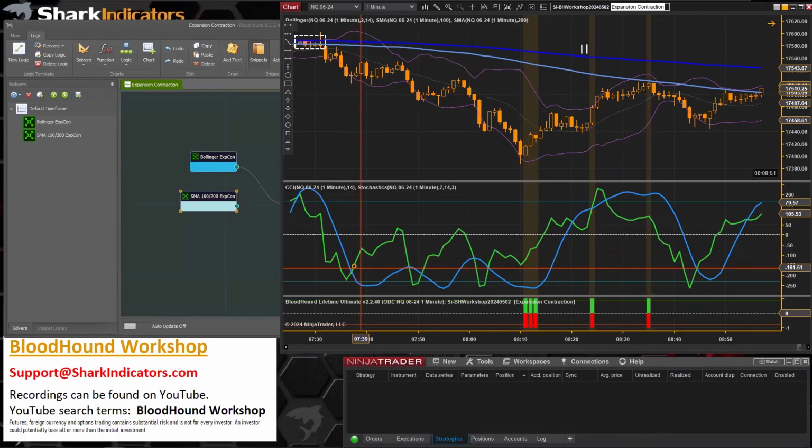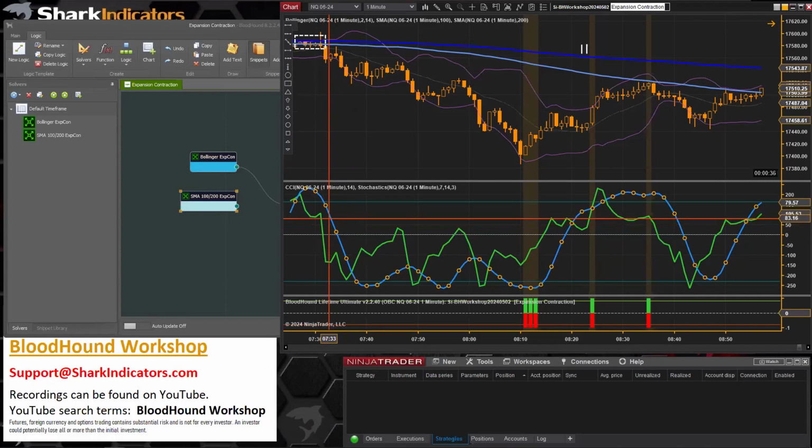And the expansion contraction may work, it may not work. It depends on how extremely different the values are between the two indicators, right? So the stochastics goes from 0 to 100, and the CCI goes from positive 200 to maybe negative 200.